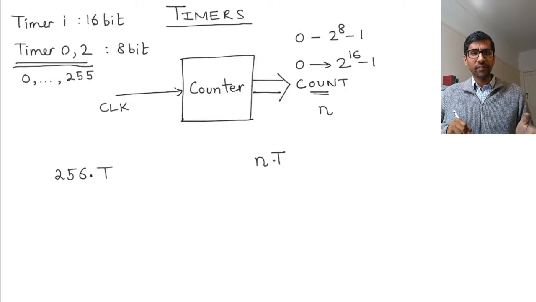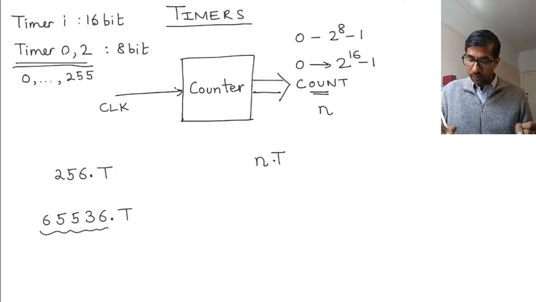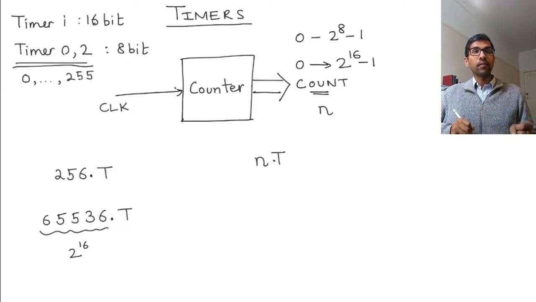Does that make sense? Okay. Similarly, in timer 1, the maximum time that you can count is 65536 times T. This is 2 to the power 16. So that many levels you have.